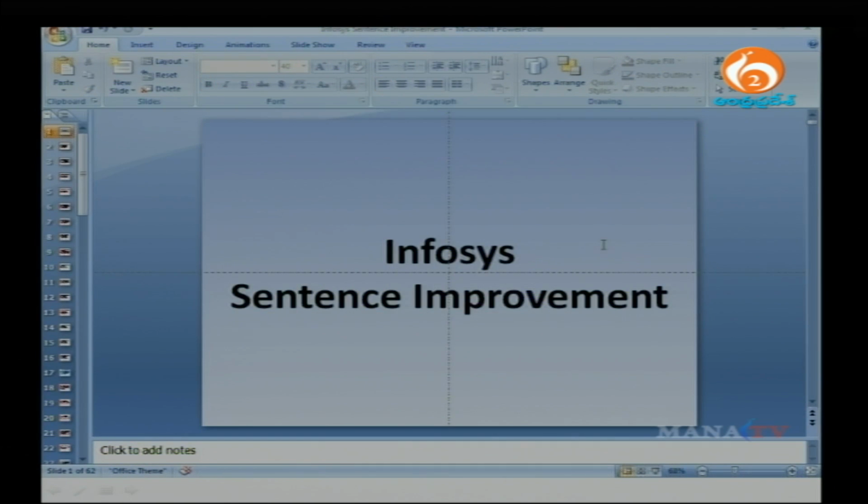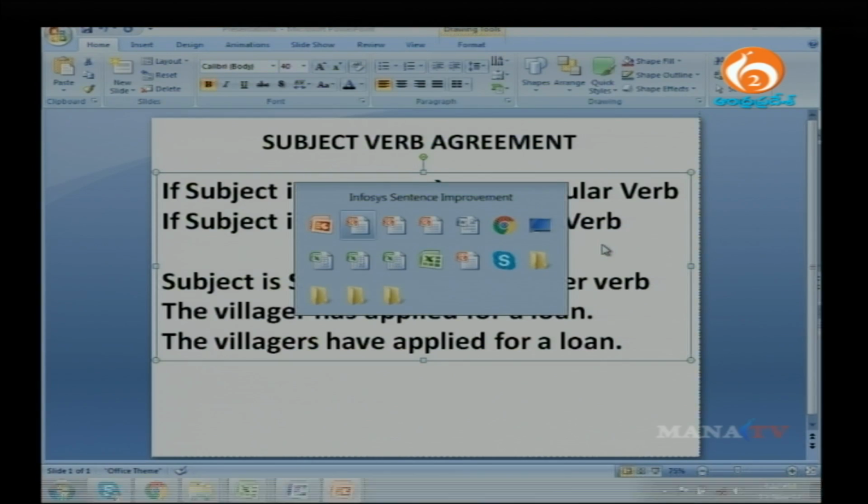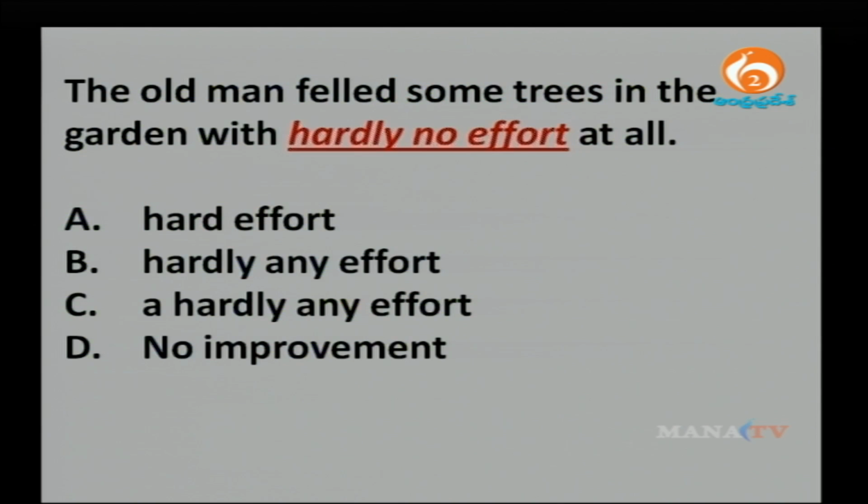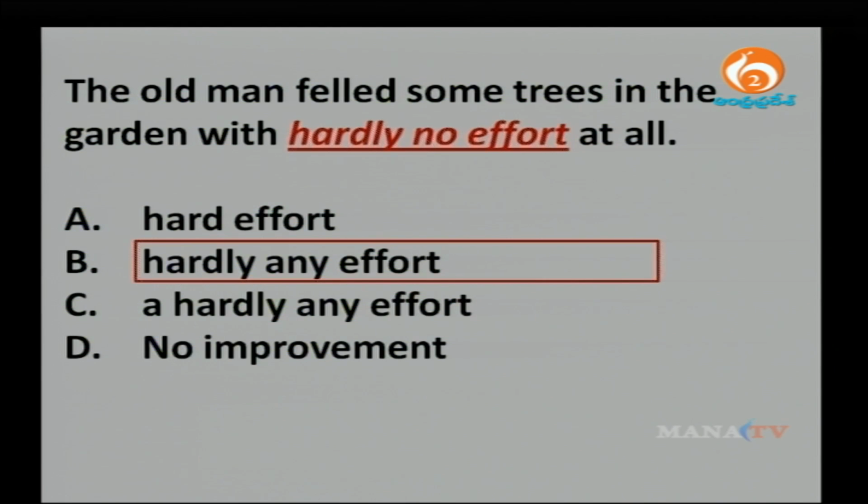Now, let us go back. The old man felled some trees in the garden with hardly no effort at all. Now, hardly no effort does not really make sense, hardly any effort.